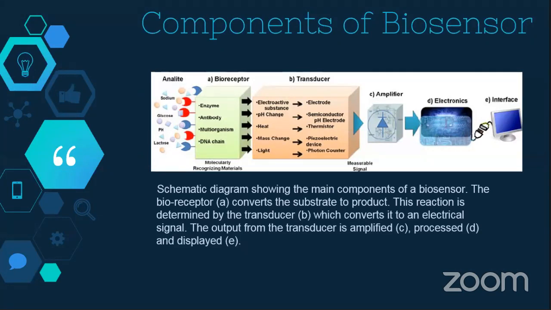This part of the biosensor processes this transduced signal and prepares it for a display. Display means your final output. It consists of a complex electronic circuit that performs signal conditioning, such as amplification and conversion of signals from analog into digital form. So till here it is analog, and then it transforms into digital form, and then it gives a display, that is your final output.